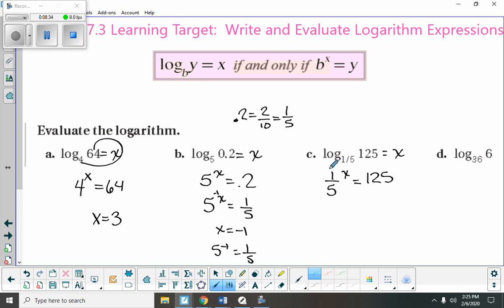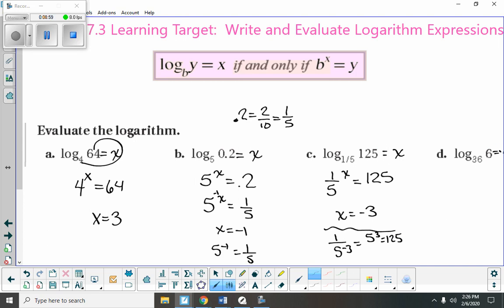And 5 to what power would give us 125? Well, that would be the third. So x would have to equal -3. Just watch. If we have 1 over 5 to the -3, that would be 5 to the positive 3, which is 125. See how that works?